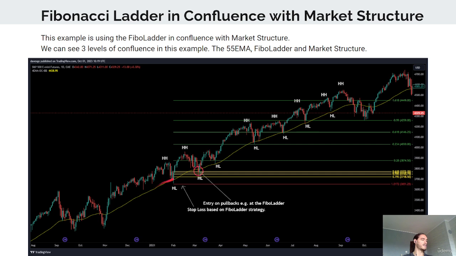Then we add the 55 EMA, and then we add the Fibonacci ladder to where we want to get in on the retracement. And you can see we have 3 levels. And we can get in this retracement, and we place our stop loss below the previous low.